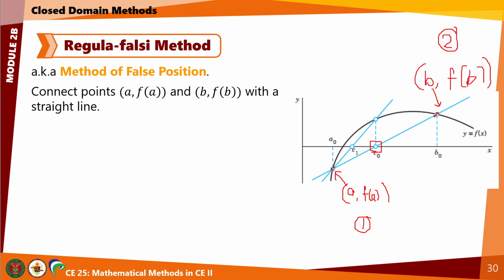Okay, so y minus y sub 1, so that's y minus f of a. Tama? Is equal to the slope, which is y sub 2 minus y sub 1, so that's f of b minus f of a. Tapos, x sub 2 minus x sub 1, so that's b minus a.